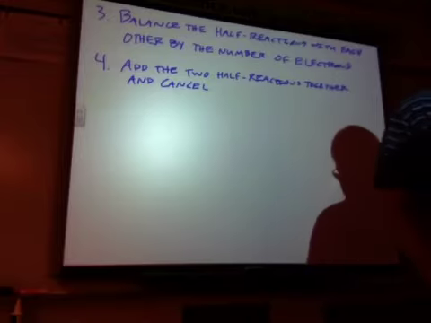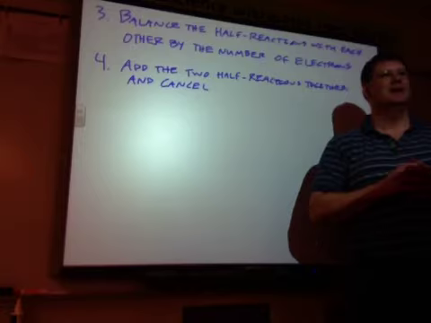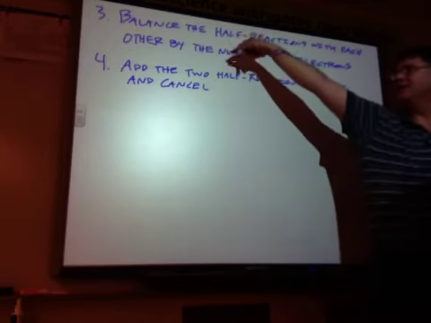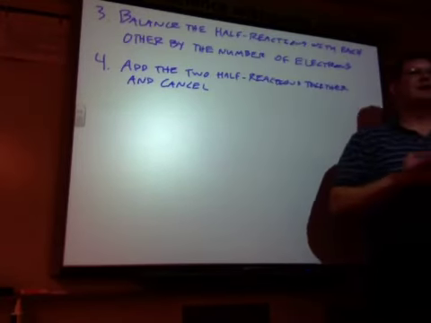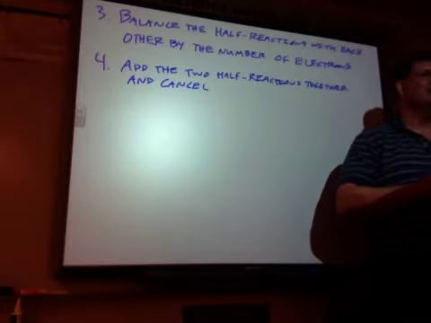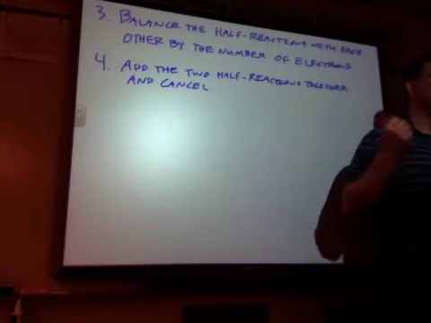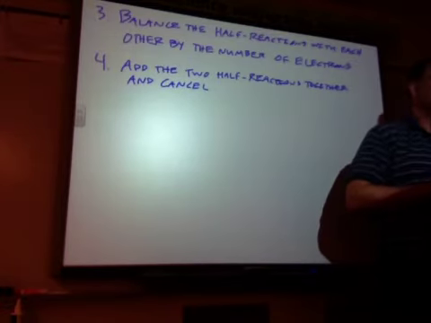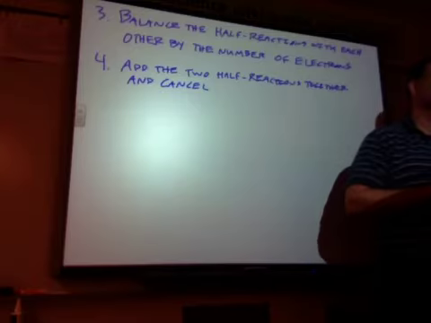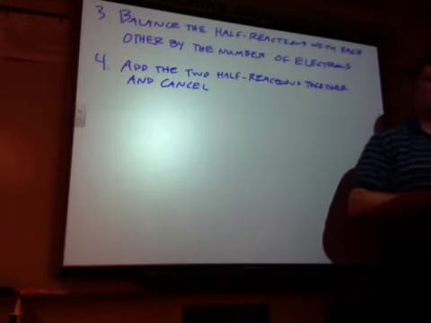Now, the obvious first thing you should look for as far as canceling is going to be electrons. If you balanced them correctly in step 3, you're going to have the same number of electrons on both sides. They will naturally cancel each other out. You may also be able to cancel hydrogen ions. You may be able to cancel water molecules. You may be able to cancel some other things depending on what the reaction generates. But you want to cancel everything you can. Simplify it as much as you can.